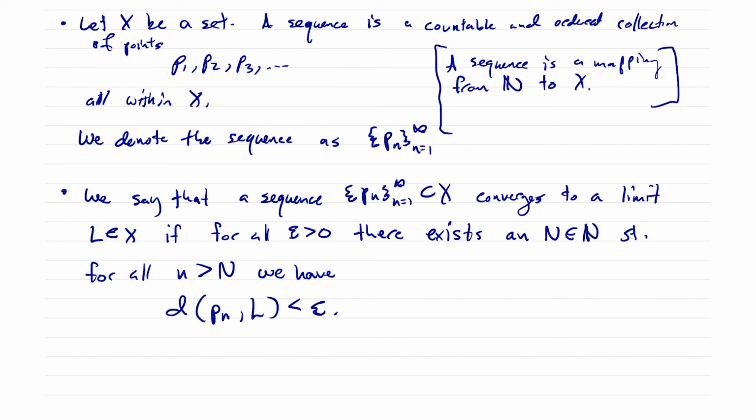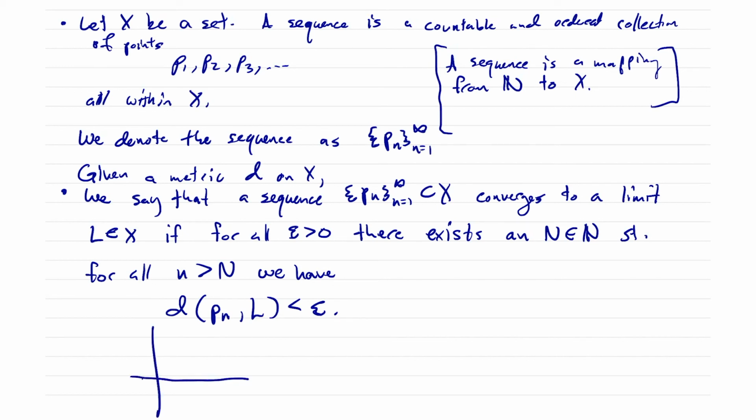So I should probably also say, given a metric d on X, we say that a sequence converges to a limit L if for all epsilon bigger than 0, there exists an N such that for all n bigger than N, we get this distance less than epsilon. What does that mean?